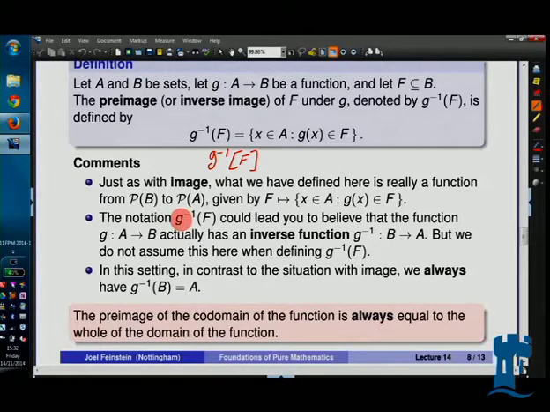And so you might have an inverse function, but even then, this is different because I'm applying it to a set instead of to points. So if g does have an inverse function, then this is just like the image that we had before. Instead of being a function of the elements of B, it's now a function of the subsets of B.